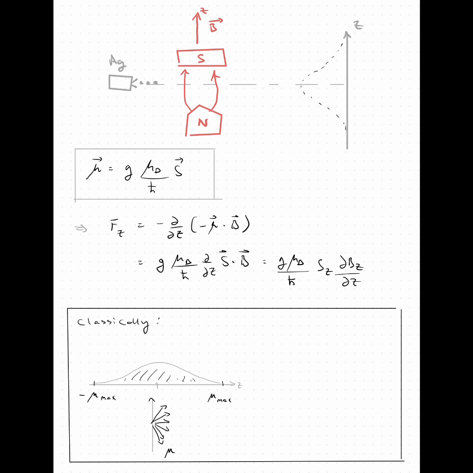Now, quantum mechanically, recall that mu is linked to the angular momentum for rotating charge or distribution of a circulating charge, and it has two distinct values. So one might expect to see the distribution looking something like this.